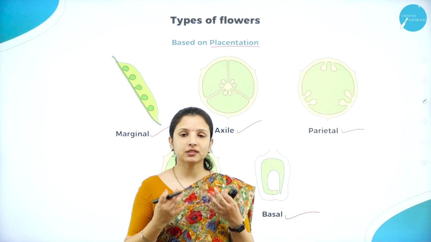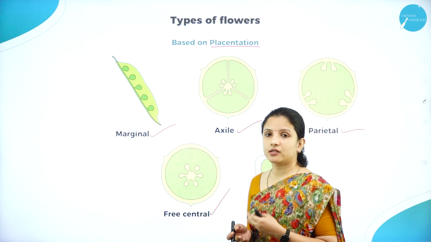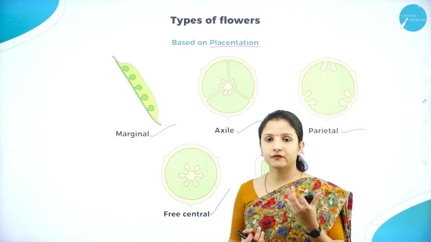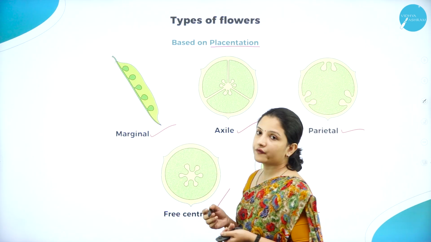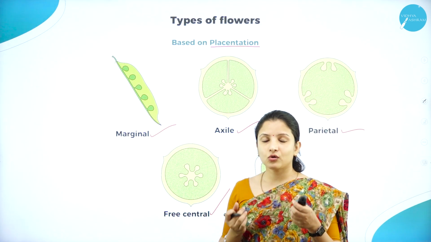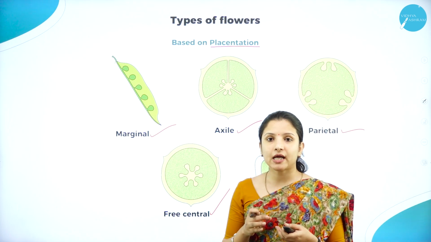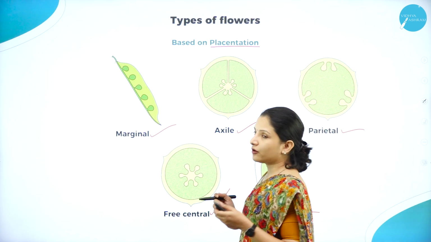Remember, if the word placentation comes up in angiosperms, it is related to the position of the ovule. This is the cross section of the ovary that they have shown. Inside the ovary, the ovules will be present. In what position? Where exactly are the ovules located?